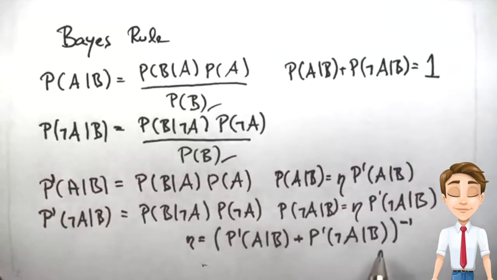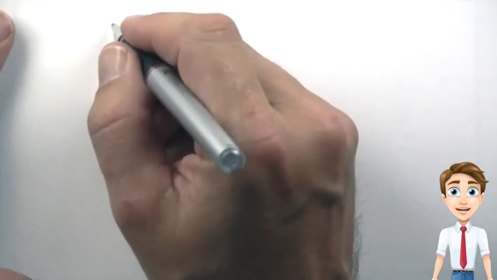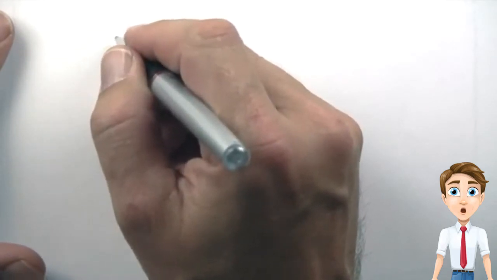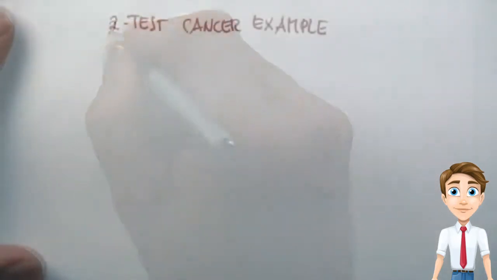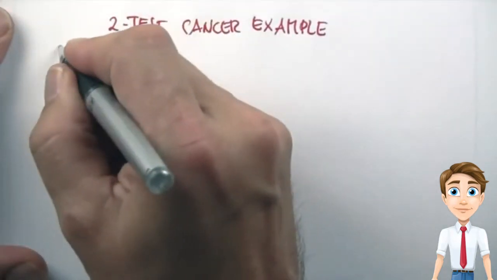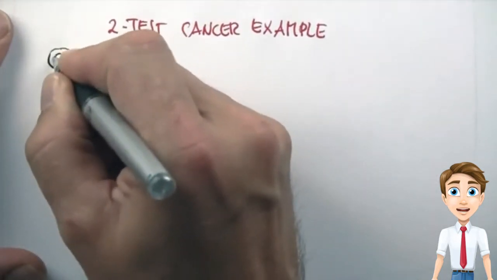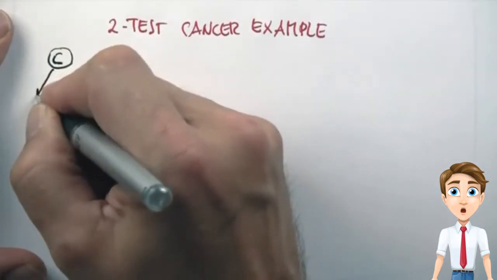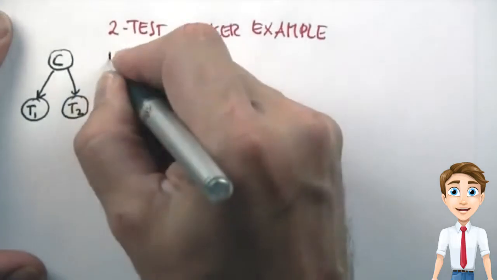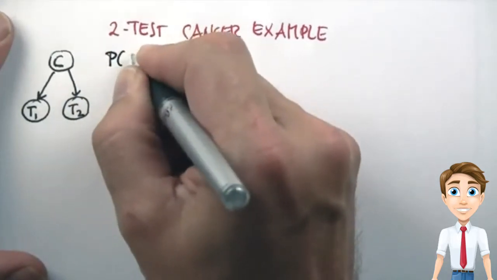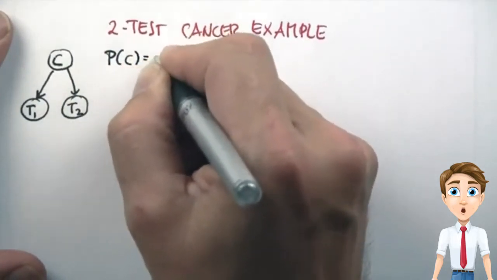The reason why I gave you all this is because I wanted to apply it now to a slightly more complicated problem, which is the two-test cancer example. In this example, we again might have our unobservable cancer C, but now we're running two tests, test 1 and test 2. As before, the prior probability of cancer is 0.01.